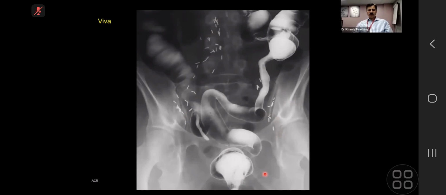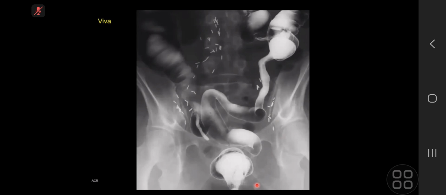So I've got a spot film from a double contrast enema, in which I can see there's been previous surgery as well, and the sigmoid colon appears to have a smaller caliber compared to the descending, and the rest of the bowel, the transverse and the ascending, is of normal caliber.